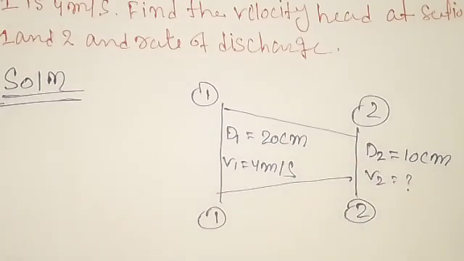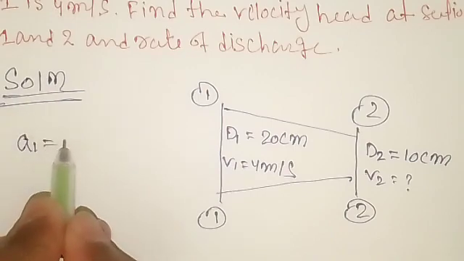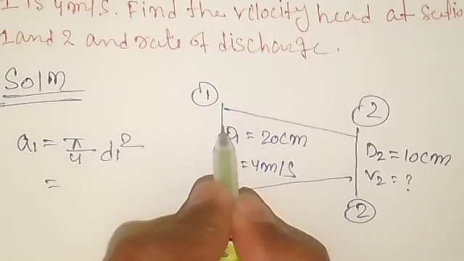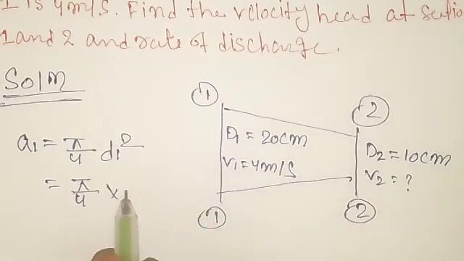First of all, we have to find out v2. Let's say a1 is equal to pi by 4 into d1 squared. That's capital A I have written here, I've written the small one, there's no problem, you can follow either. So pi by 4 into, let's convert this into 20 centimeter, that is 0.2 squared.